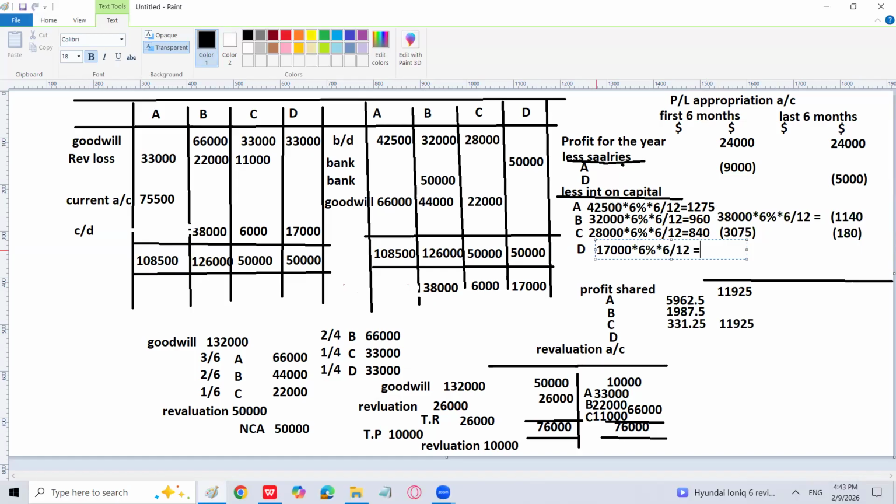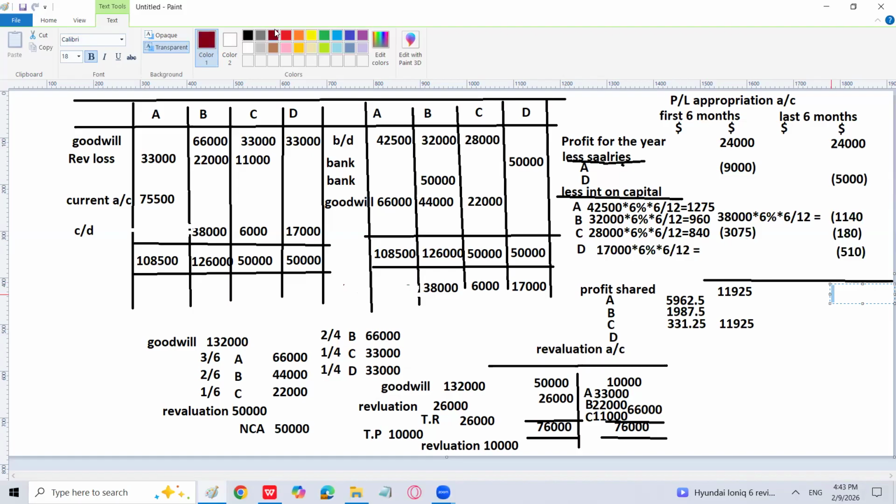Actually, the percentage are the same. 510. Now I am going to subtract all these amounts to get the profit shared. 24,000 minus 5,000 minus 1140 minus 180 minus 510.